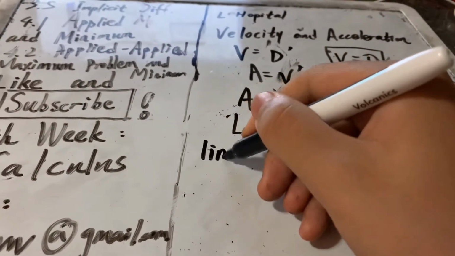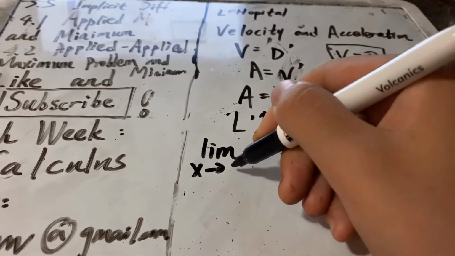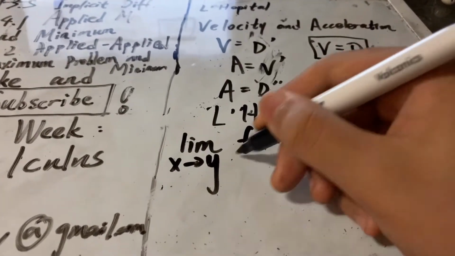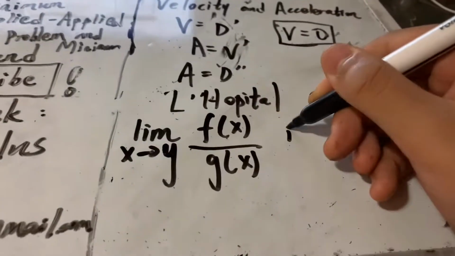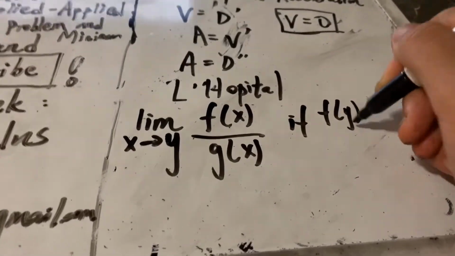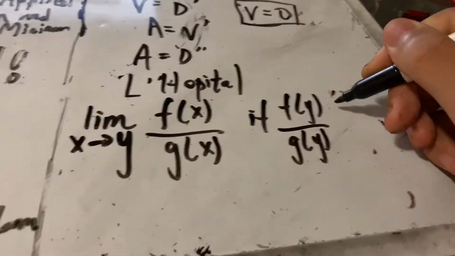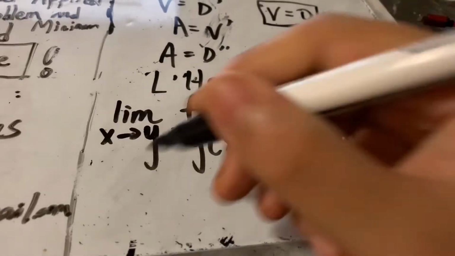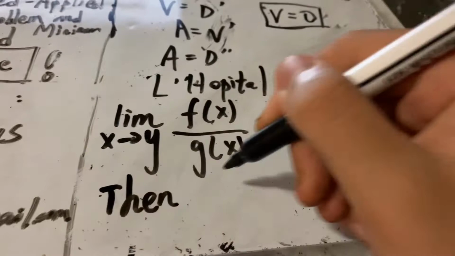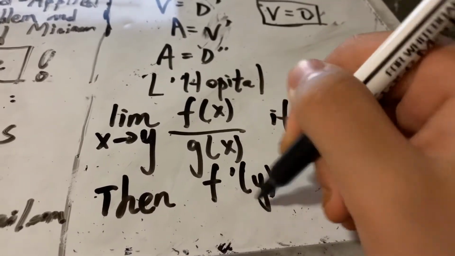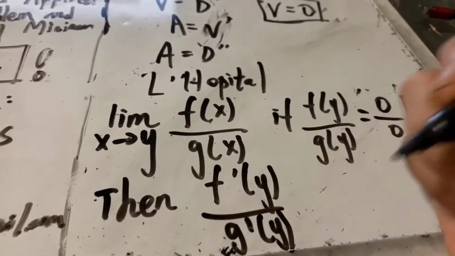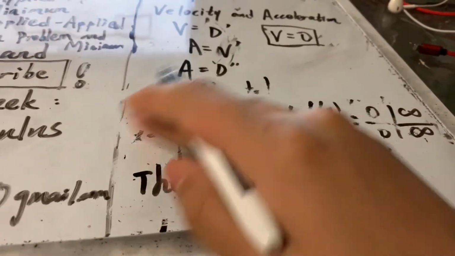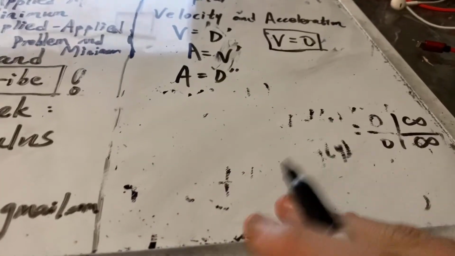What is the formula of L'Hopital's rule? Given the limit as x goes to y of f(x) over g(x), if it gives 0 over 0 or infinity over infinity, then the limit is f prime of y over g prime of y, which is the final answer. So this is how L'Hopital's rule works. Let's give a specific example.